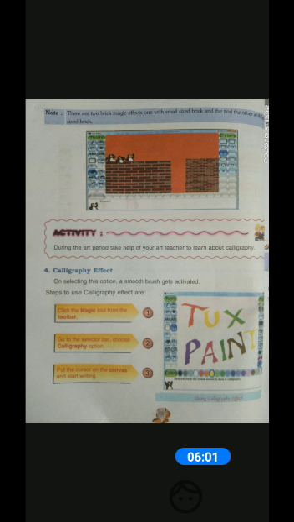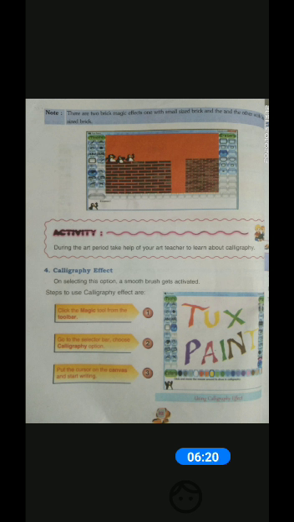Now students, the fourth effect is the calligraphy effect. On selecting this option, a smooth brush gets activated. What is the function of the calligraphy effect?